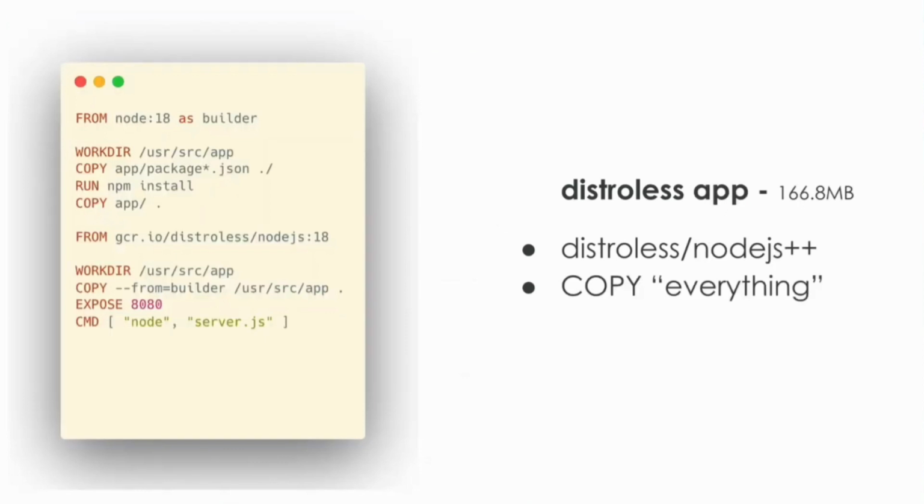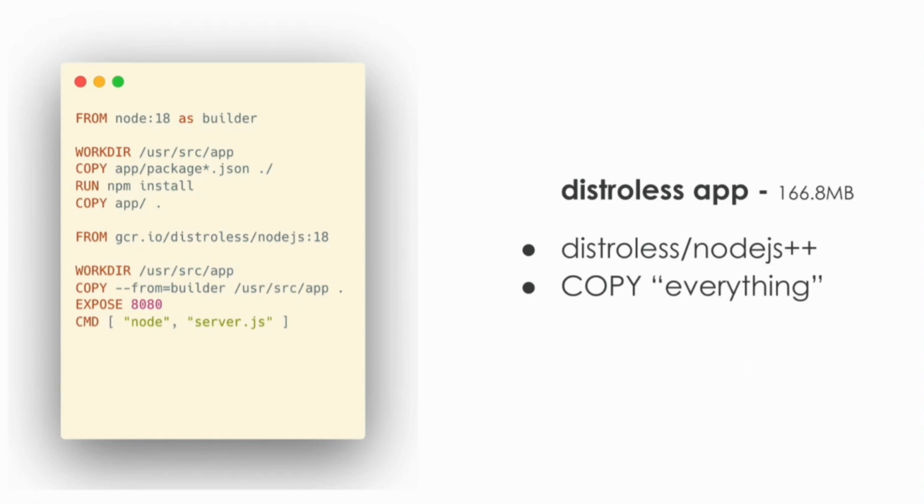Now, I'll talk about the gotchas later on. So let's take a look at the Distroless app. All of them use the same Kubernetes manifest for the application, but the Dockerfile for them is a little different. One of the interesting things about this Dockerfile is that you might have a multi-stage build, and then in the final stage, you copy stuff to your deployable image.